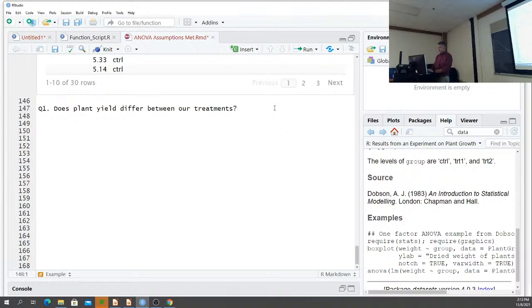And I'm going to have a second question here. Does plant yield differ in our treatments versus the control?